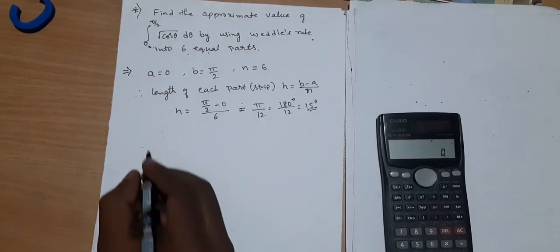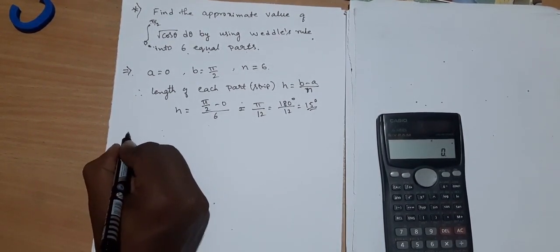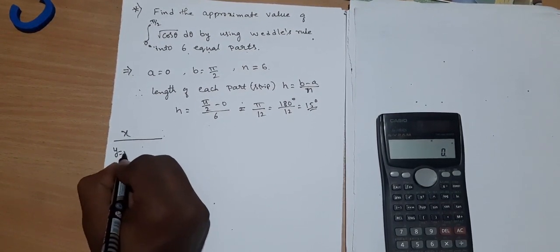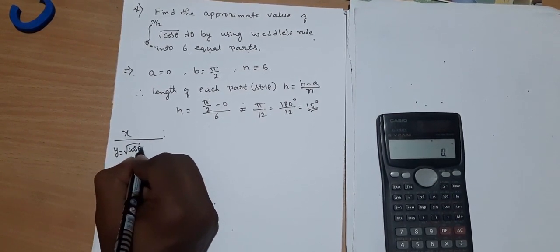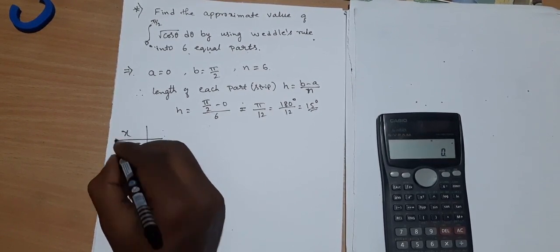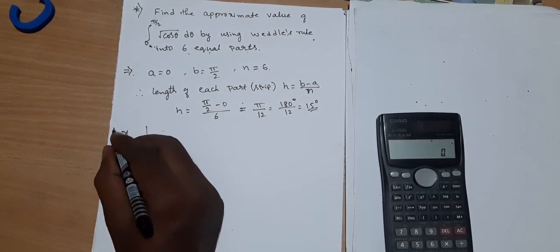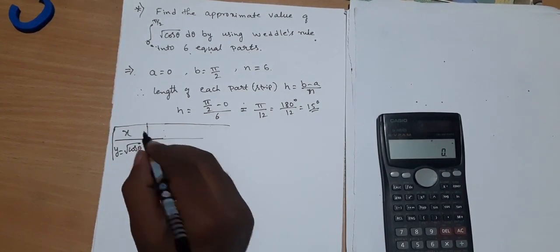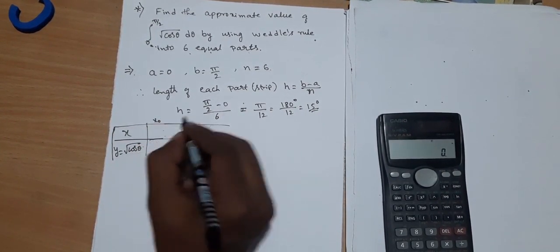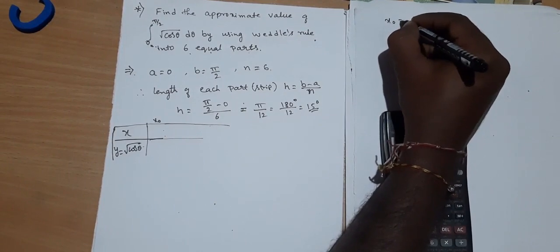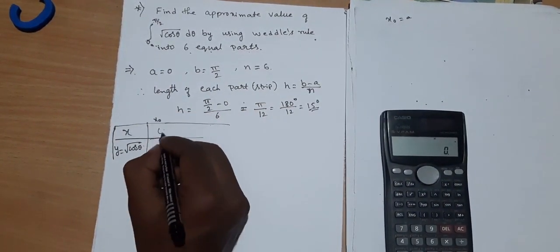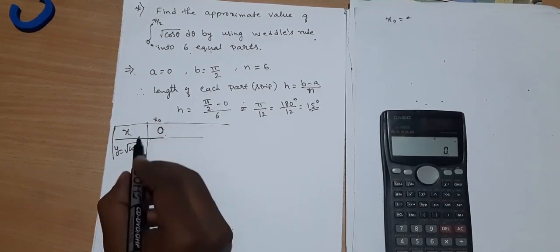So now we'll construct the table. So x and y equals root cos theta. What is x naught? X naught equals a. What is the a value? A value is 0. So what you get?